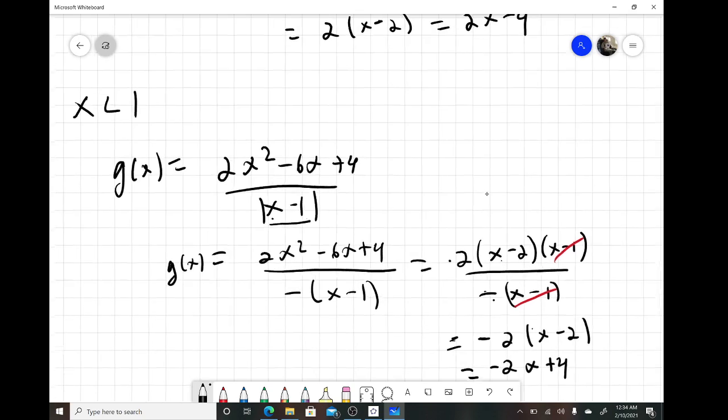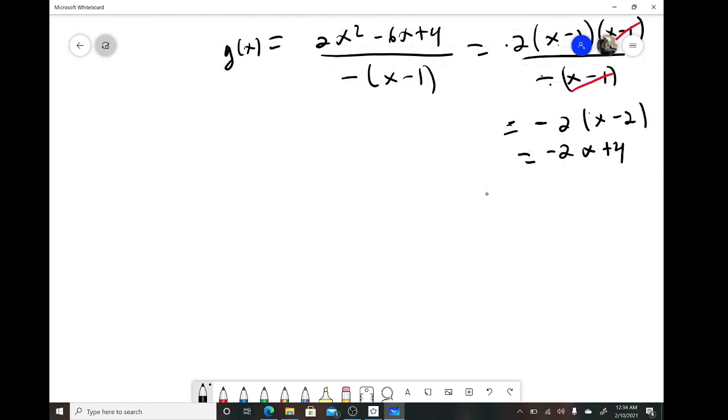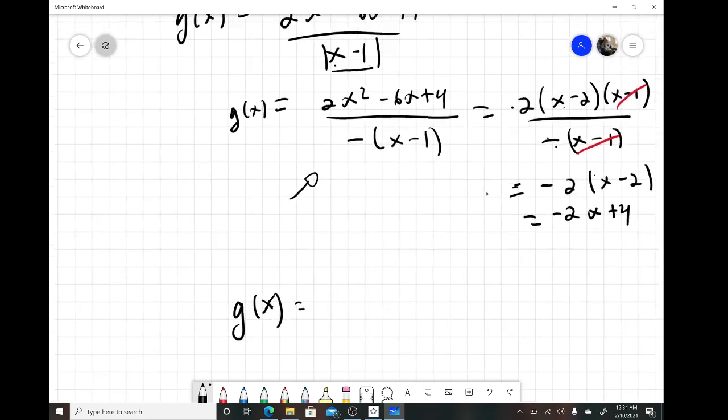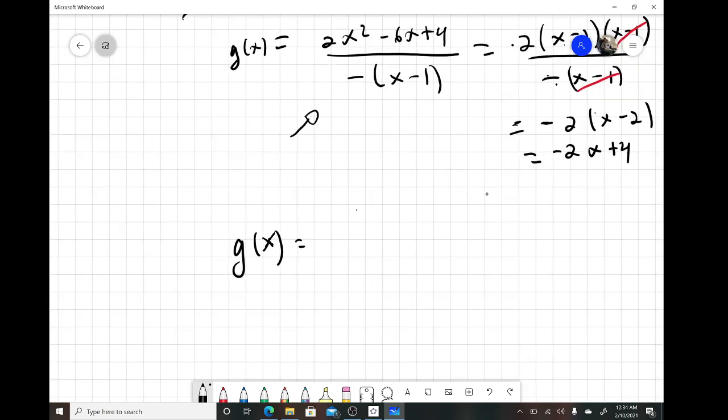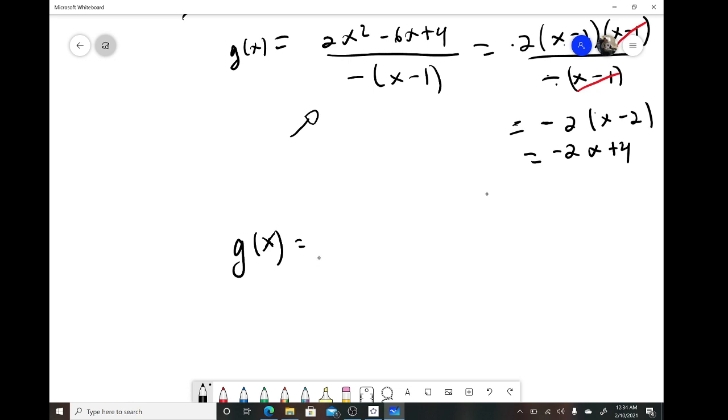So now I'm working with two functions, with two graphs. Basically, I was able to simplify my function g, and instead of using the original definition of the function, I've created a piecewise defined function.